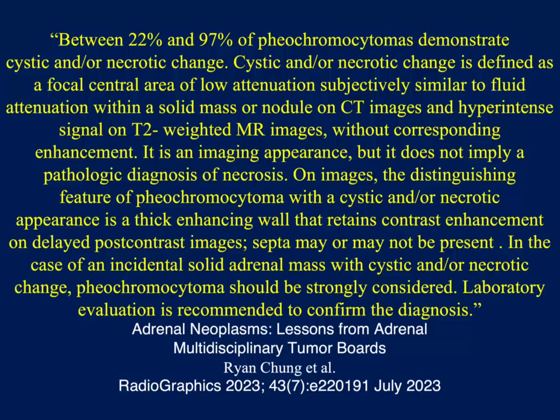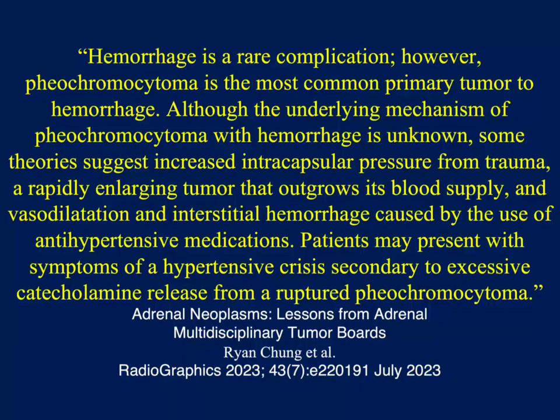Between 22 and 97% of Theos demonstrate cystic and necrotic change. So again, when you see cystic lesions, think about pheochromocytoma, look at the vascularity, and again, lab values can be very helpful in this scenario. We spoke before about hemorrhage. Hemorrhage is a rare complication in adrenal lesions in general, but Theos are the most common primary tumor to hemorrhage.